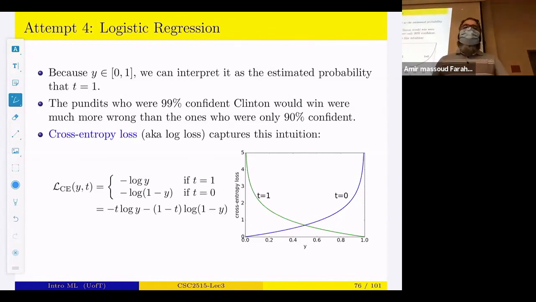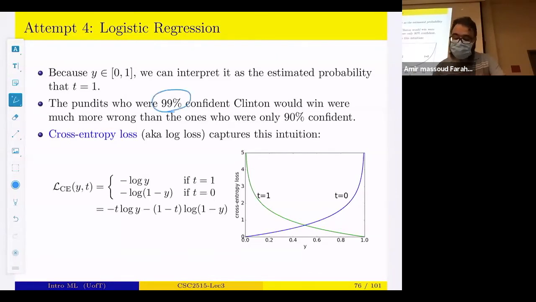And we say that if we are very confident when actually we shouldn't be, because we made the wrong decision, we should be penalized more compared to the case that we are less confident.